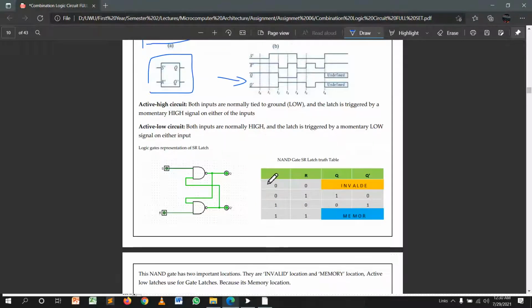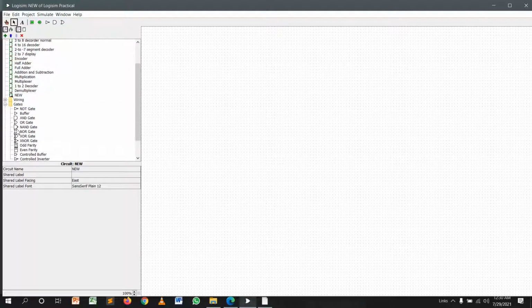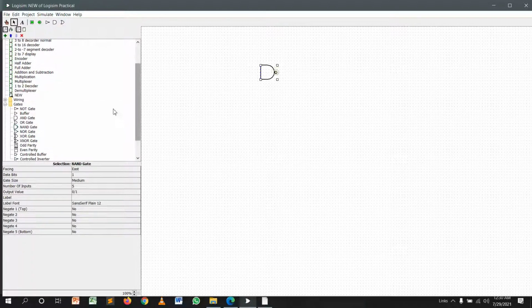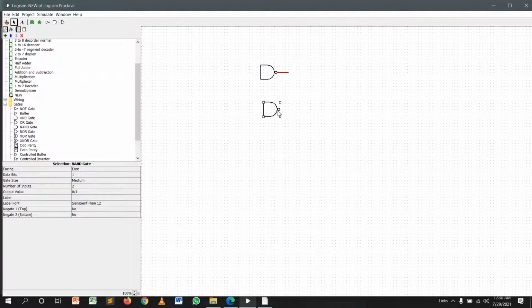Let's move to the practical session and I'll explain the SR NAND gate latch. This is a sequential logic circuit in the logic tool. Then we have to go to NAND gates. We have to make two inputs and connect them to the output.